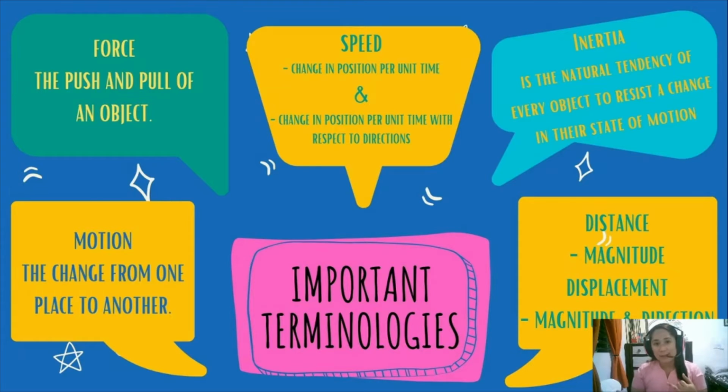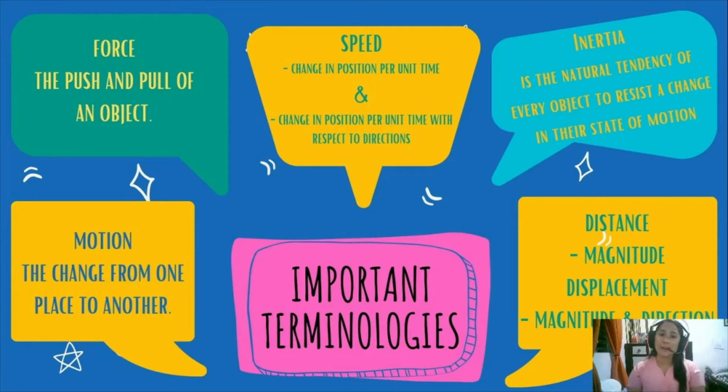When we say distance, that is the length covered by the path along which an object moves. So, it only refers to magnitude, while displacement refers to both magnitude and direction from which an object moves.